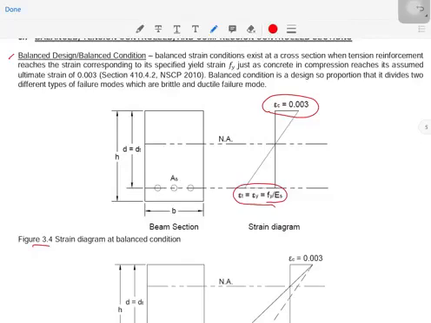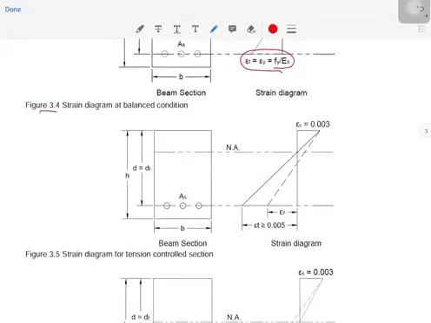Meaning they reach their limits at the same time, guys. So if your concrete cracks or fails, then your steel also fails. Or if your steel yields, then your concrete will also crack. So it will happen at the same time. Okay, so that is the balance condition.